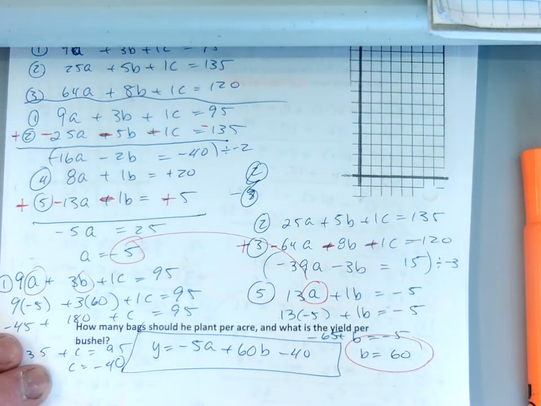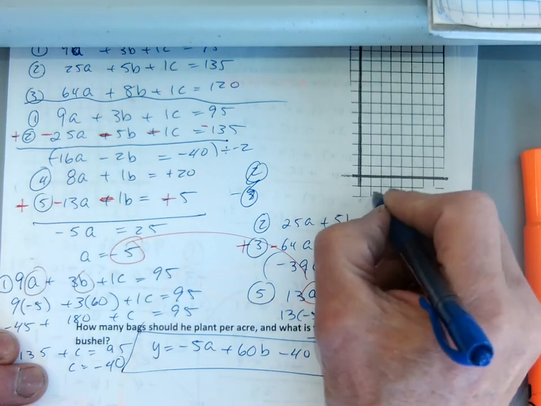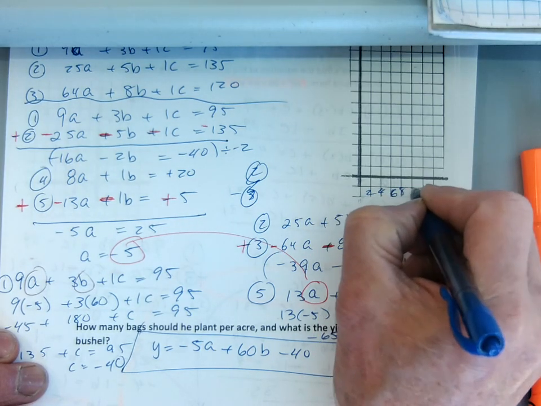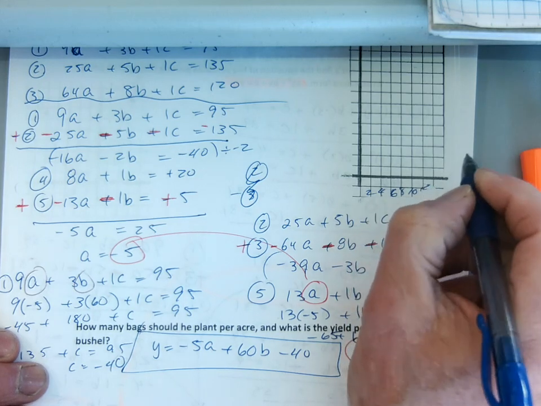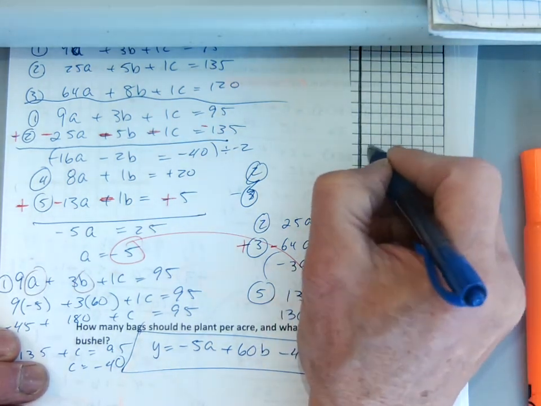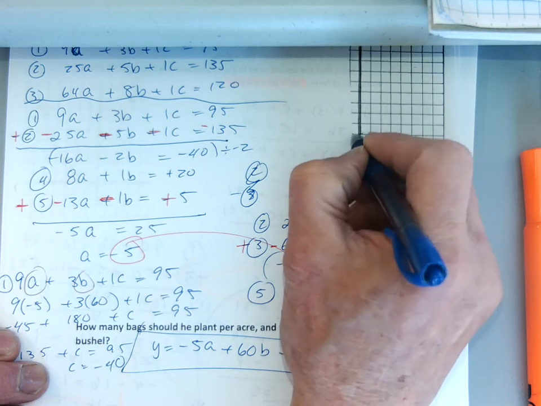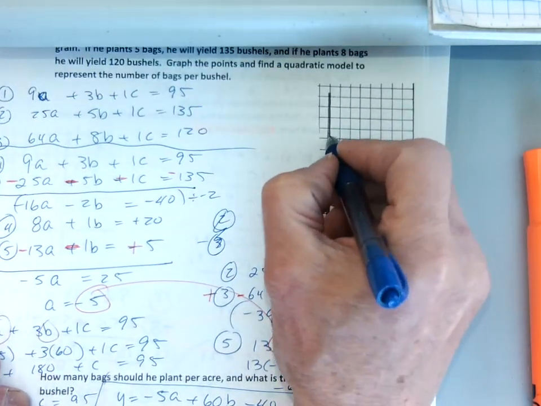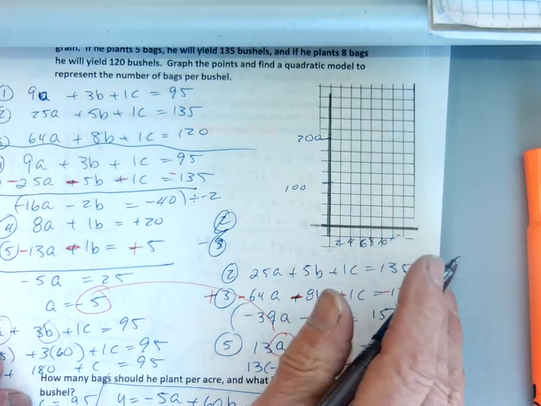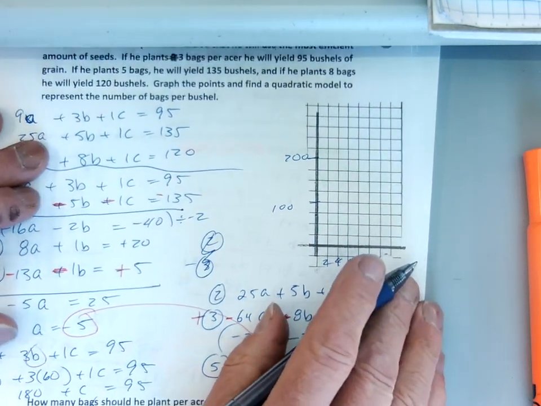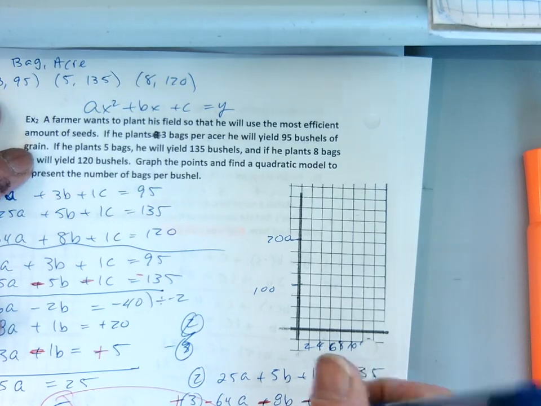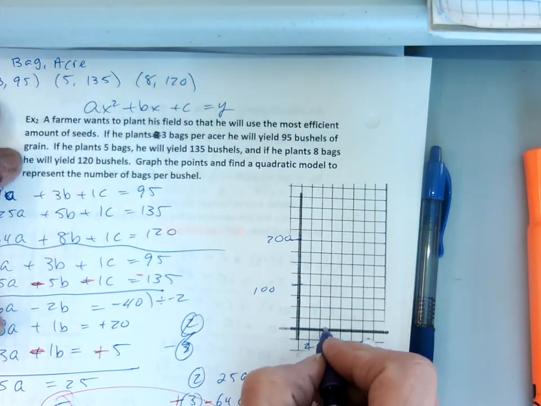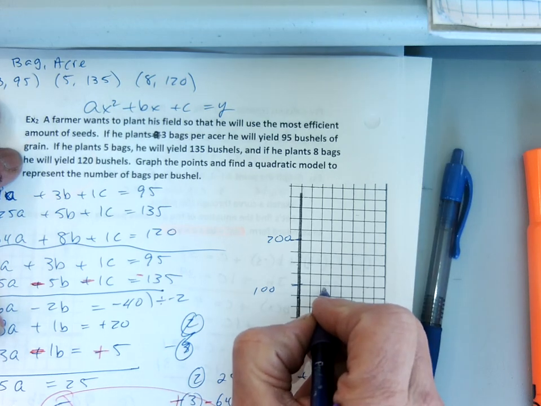And I'll wait for you guys. Let's see, I'll go by 2, 4, 6, 8, 10, 12, and I've got to go all the way to 100, 200. So my original points would have looked like this.